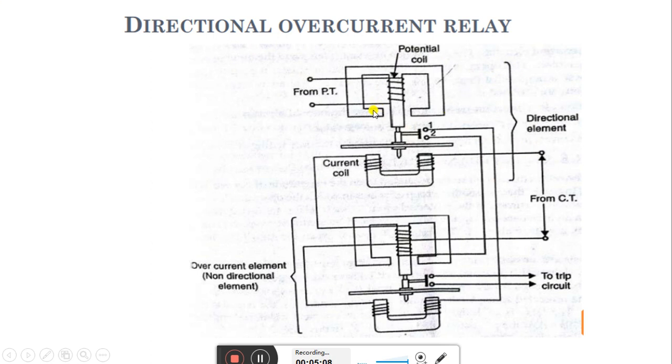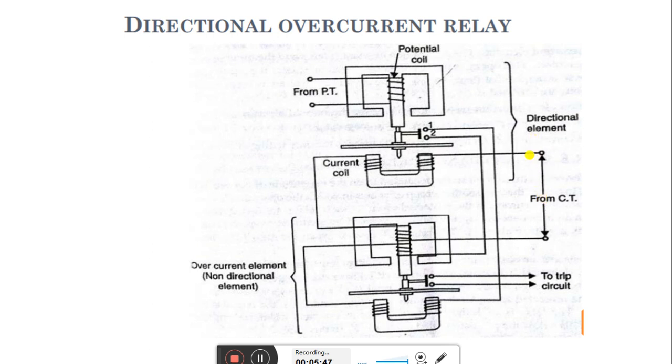You see, we have an E-shaped magnet which is having a coil that is called the potential coil, and this is excited by the potential transformer. Now the lower one, that is a U-shaped coil, is called the secondary winding and it is called the current coil. So this coil is excited by the current, and this current is obtained from the CTs. Just see, we are having CTs.